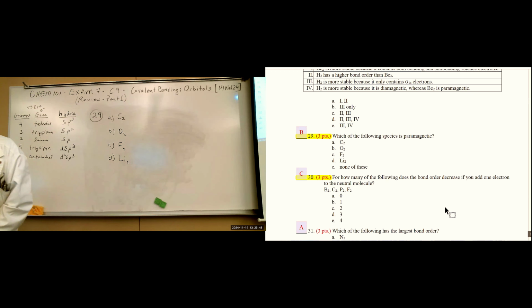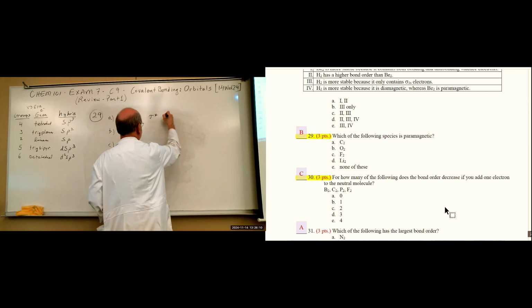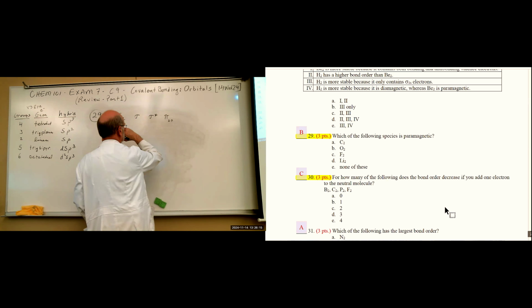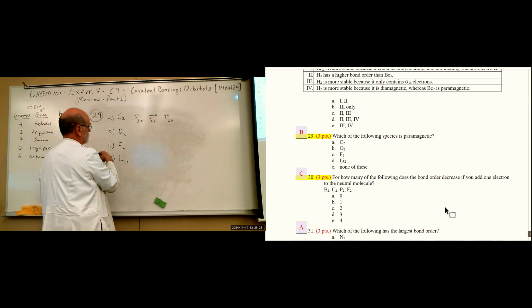I think the best way to approach this one is to use the useful information I give you in the back. C2 has sigma, sigma star, and pi, 2p. This is 2p. 2s and 2s. We leave out the cores.